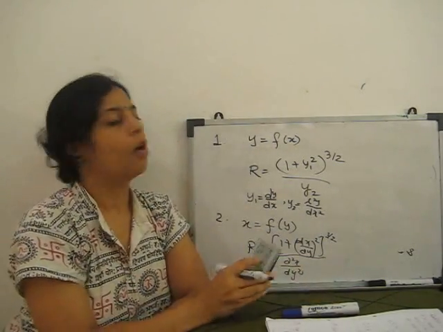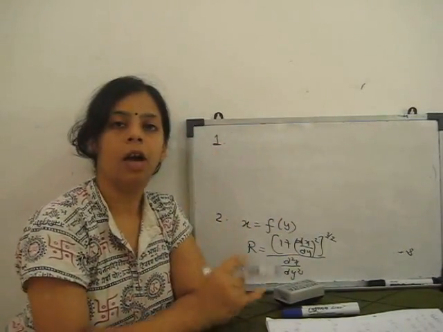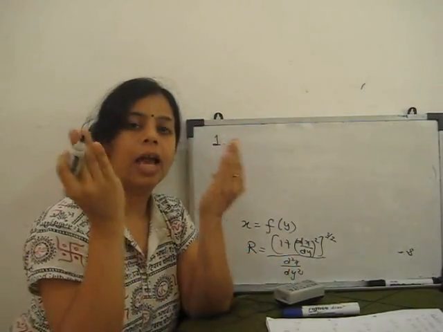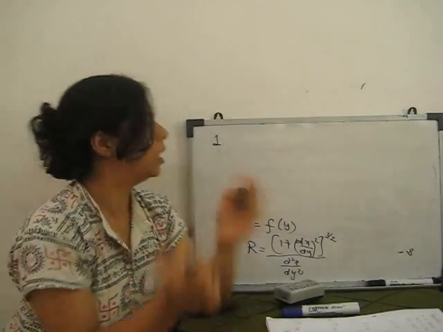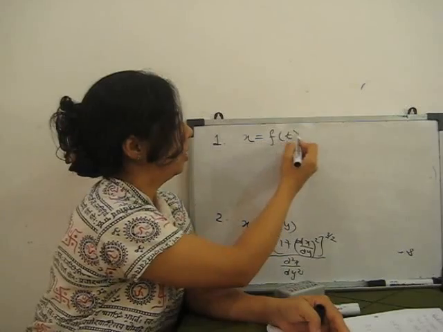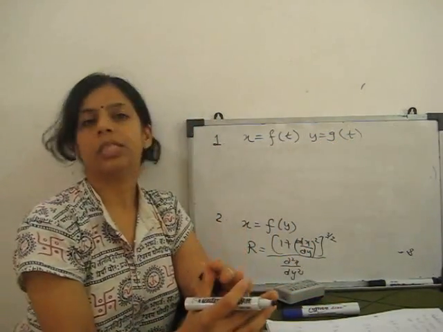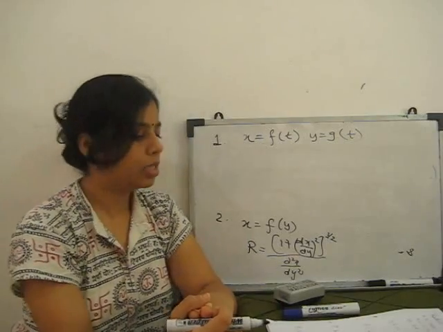The third formula is for parametric. Parametric means we have the curve with x and y in another variable t. For example, x is equal to some function f of t and y is equal to some other function g of t, so x and y are both in t.